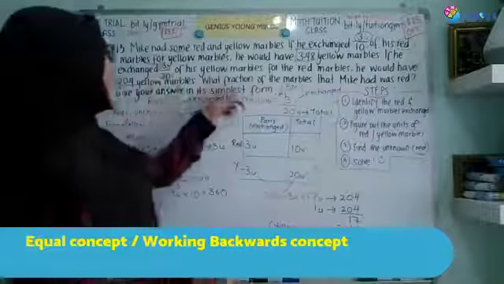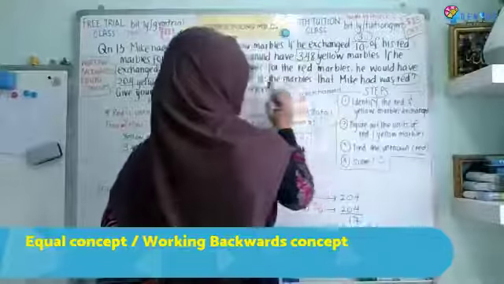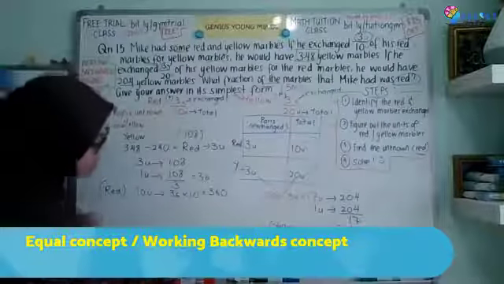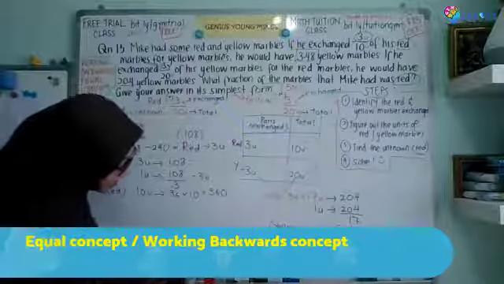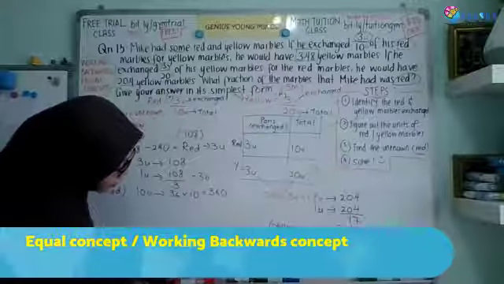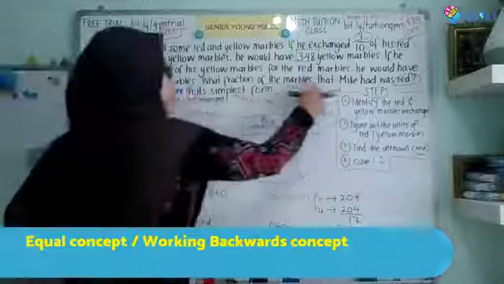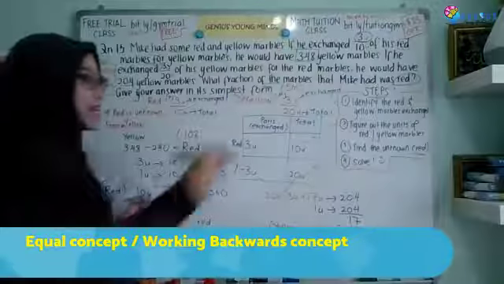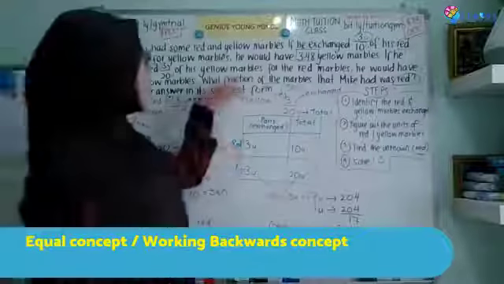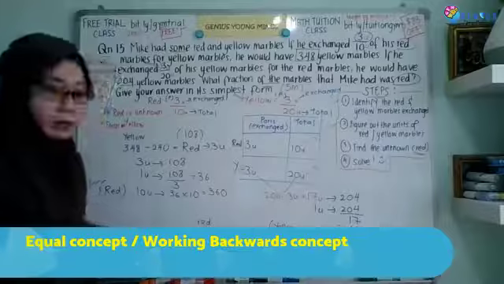The question asks, what fraction of the marbles that Mike had was red? Of the marbles means the total marbles, and here is my red. Whatever they ask will be the numerator, the part. Whatever it is based on is the total, which is the total marbles.